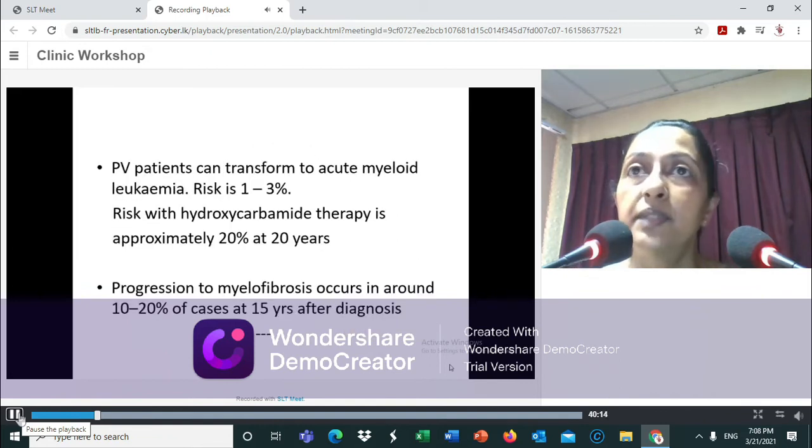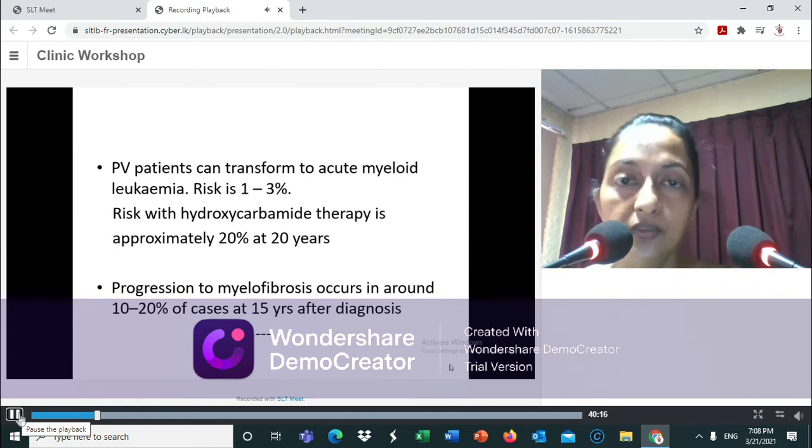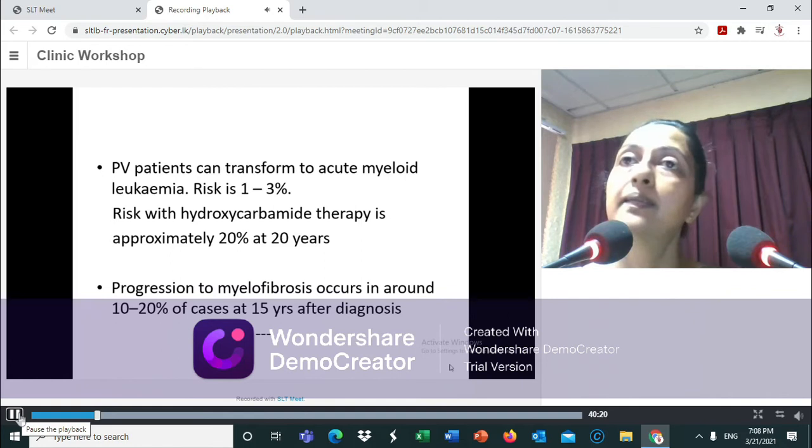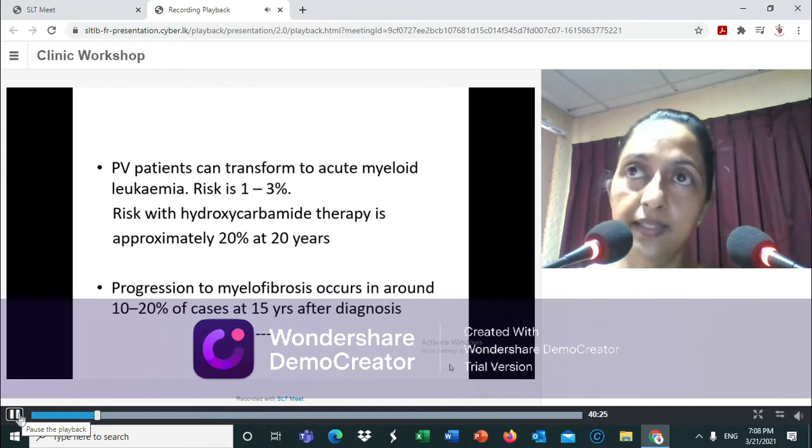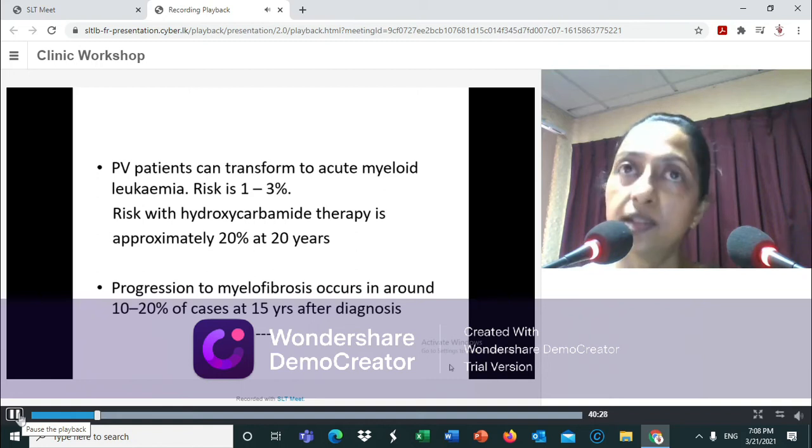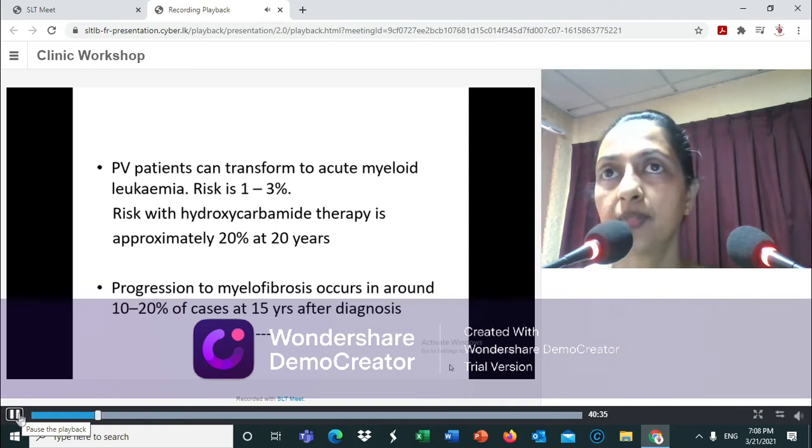Polycythemia vera patients can transform to acute myeloid leukemia. Right? The risk is 1 to 3% without cytoreductive therapy. The risk with hydroxycarbamide therapy is approximately 20% at 20 years. Okay?